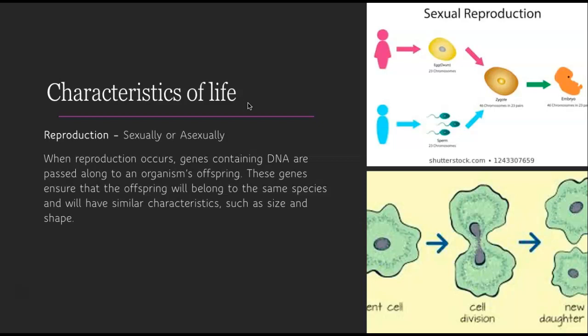When you are reproducing, you are passing along what are called genes. Genes are DNA that are passed along to your offspring, and those genes are the code for what you are. At some point we'll talk about RNA and DNA and what all that stuff means. But these genes are the code for you.